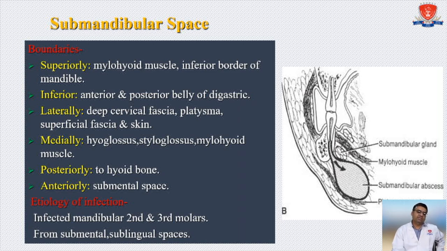Boundaries: superiorly, mylohyoid muscle and inferior border of mandible; inferiorly, anterior and posterior belly of digastric; laterally, deep cervical fascia, platysma, superficial fascia, and skin; medially, hyoglossus, styloglossus, and mylohyoid muscle; posteriorly, hyoid bone, and the submental space anteriorly. Etiology of the infection is infected mandibular second and third molars, and spread from the submental and sublingual spaces.